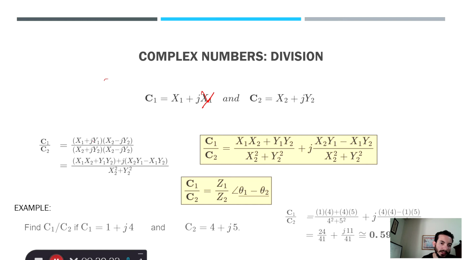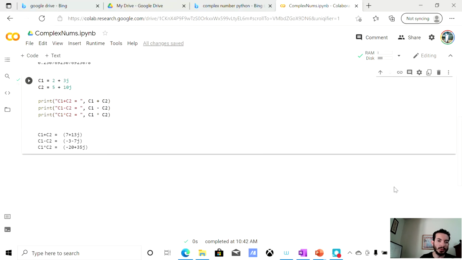Then all you have to do is multiply the first complex number by the second one, but with the reciprocal. Notice that this is going to be C1 divided by C2, times the reciprocal of C2. So it's a little complicated. I advise you to map them into polar coordinates, where you take the magnitude of the first one divided by the magnitude of the second one, and then you subtract the angles.